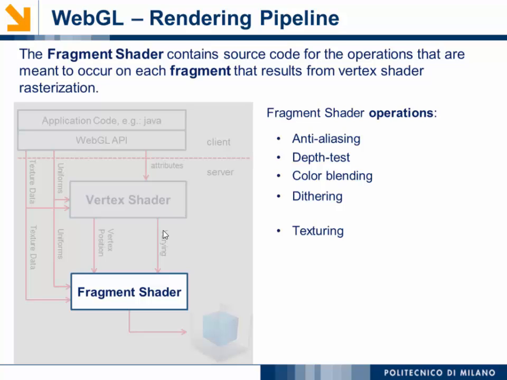The application of a texture. This is quite important because texturing happens only in fragment shading. We cannot have texturing inside the vertex shader. Why? Simply because in the vertex shader, the colors along the surface are interpolated.